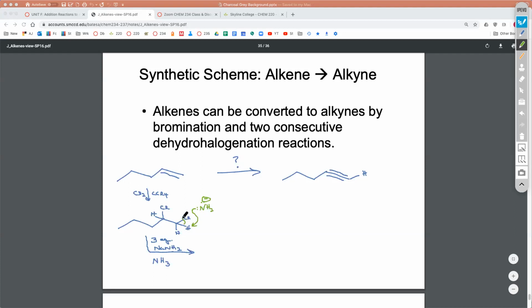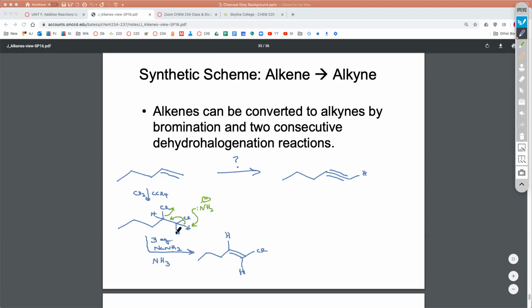When I do that, then what's going to happen is my chloride ion is going to leave. And so as an intermediate here, then what I'm going to get is this.